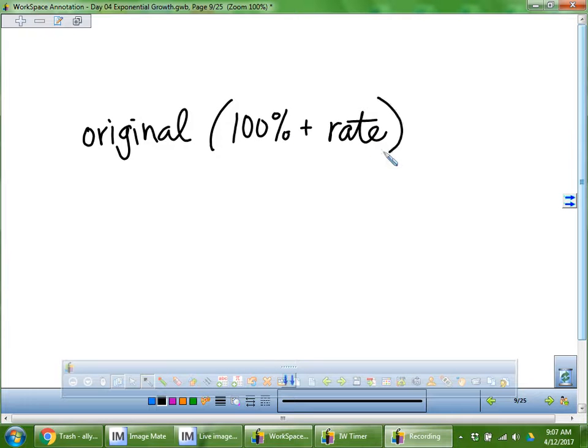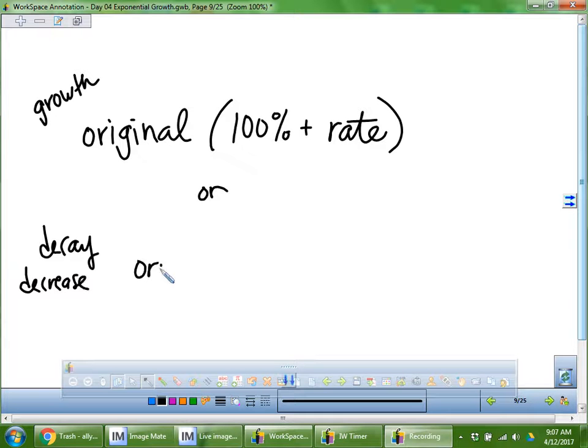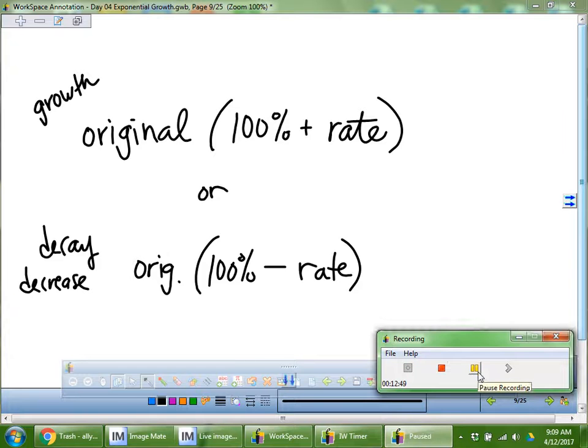So this would be a growth, and decay, or a decrease, would be the original times 100% minus whatever our rate is, right? So these two formulas represent a one-time increase or a one-time decrease.